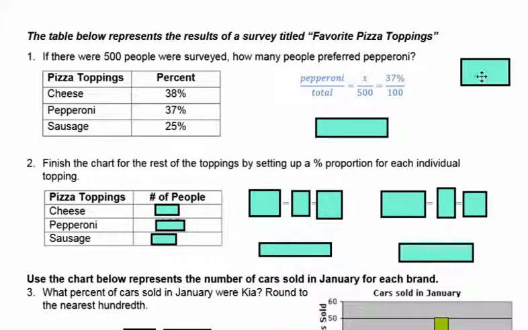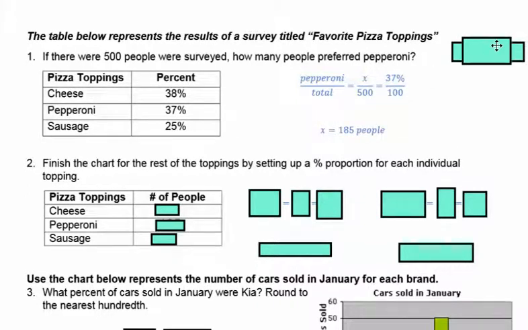Go ahead and start solving for X. After solving for X, we should have gotten that X is 185 people. So we can list that the number of people that preferred pepperoni was 185, which is 37% of the people surveyed.